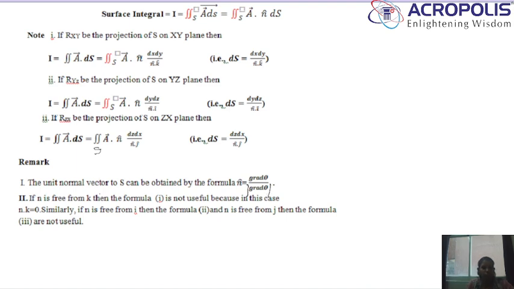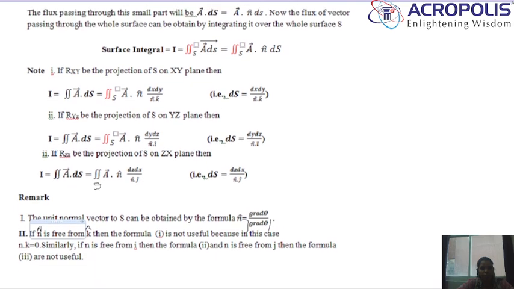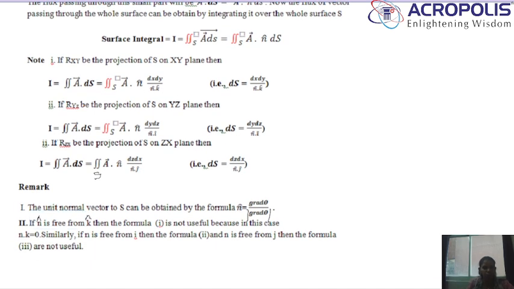One more remark: if n cap is free from the unit vector k, that is, n cap dot k cap is 0, then formula 1, double integral A dot n cap dx dy, will not be used. Similarly, if n is free from i cap, then formula 2, and if n is free from j cap, then formula 3 is not useful.